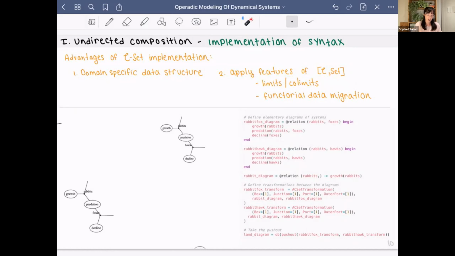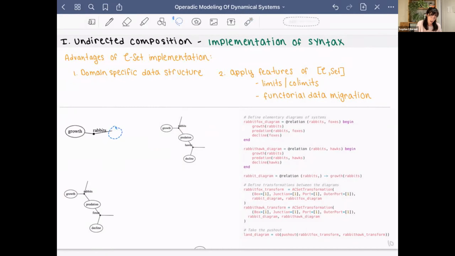One thing is that we know it's closed under finite limits and colimits. So for example, suppose we have this diagram of systems which relates rabbits and hawks, and this diagram of systems that relates rabbits and foxes, and we want to glue them together along their shared rabbit piece of the diagram. We can do this by taking a pushout.